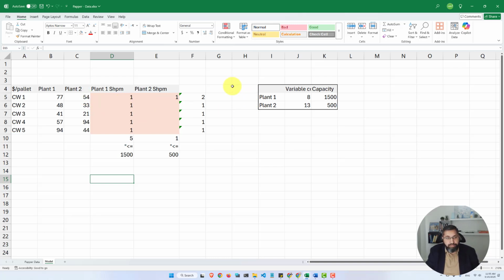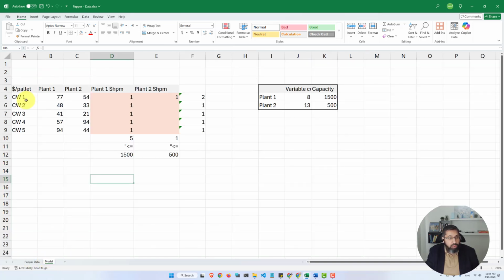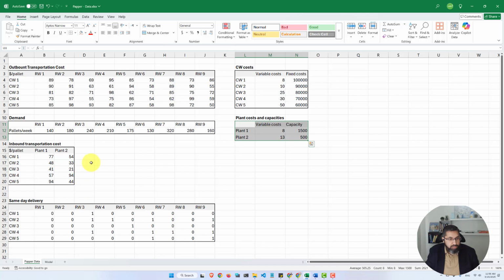Now, I would also like to add the data of processing, because remember, when each central warehouse receives a pallet, they have a variable cost to process it.